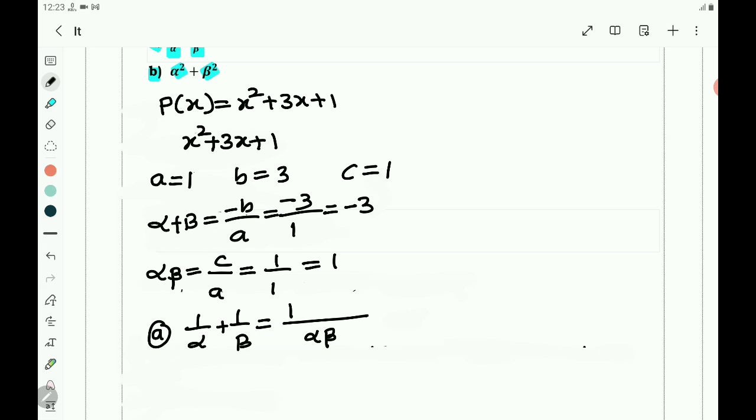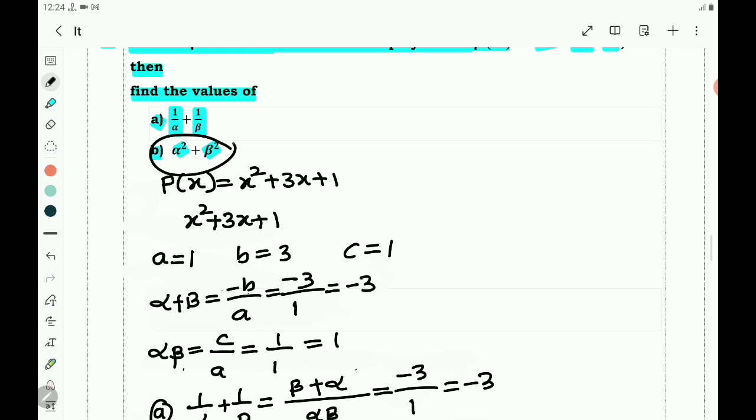So 1 into beta is beta, plus beta into alpha is alpha beta, so 1 into alpha. So the numerator becomes beta plus alpha, and beta plus alpha is nothing but alpha plus beta. Both are same. Then you write minus 3. What is alpha beta? Alpha beta is 1. So minus 3. What is the value of 1 by alpha plus 1 by beta? The value of 1 by alpha plus 1 by beta is minus 3. Now you take the second one, B.